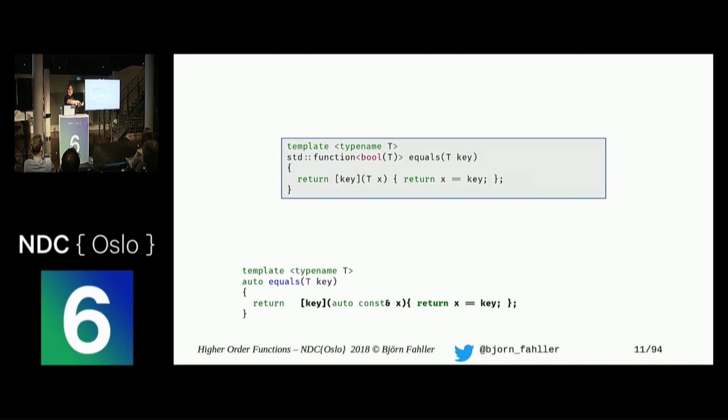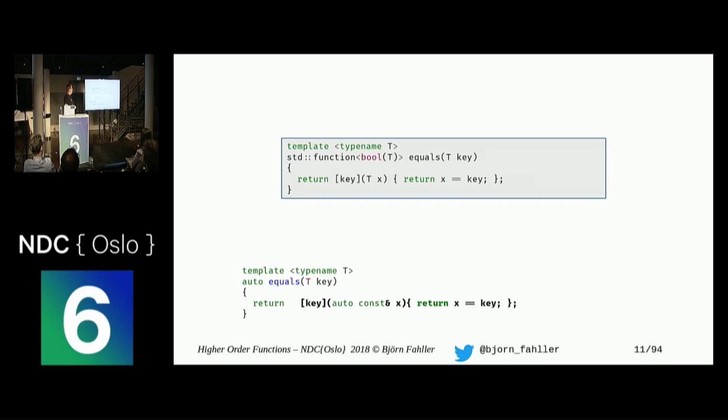That is expensive. But turn it the other way around. I call equals with a const char star and want to call it with a std string, then it doesn't compile, because a std string cannot be implicitly converted to a const char star, so we get an error. So these are not equal. These are not the same things.